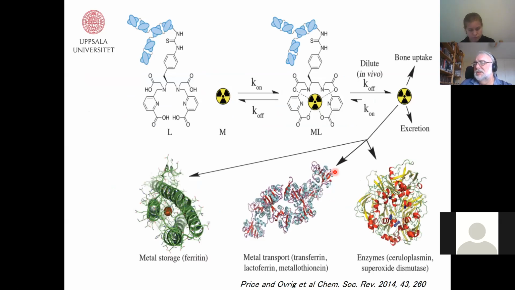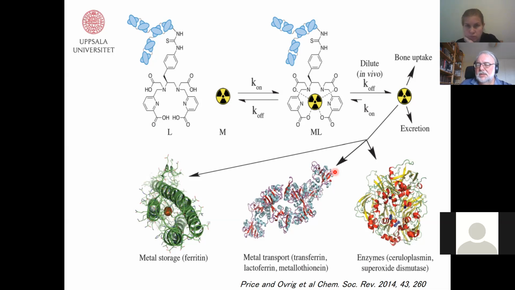And this is important because if the radiometal is dissociated from the complex, it could create a lot of trouble. Well, if it's excreted, it's only half of the issue. It can be taken up by bones in many cases.